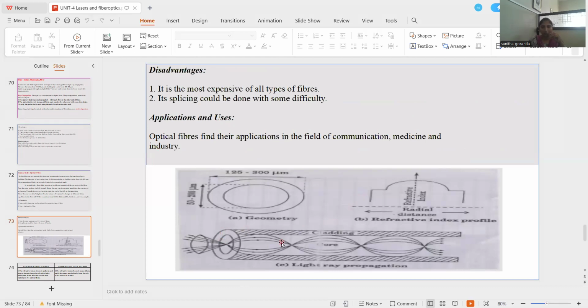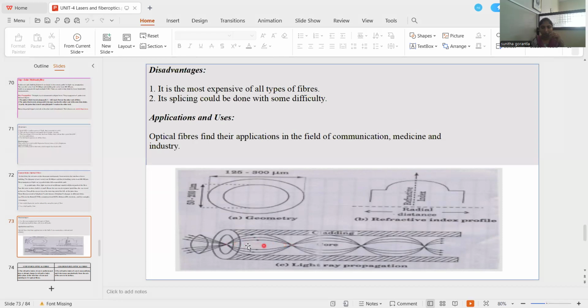See here, in graded index optical fiber, only multimode propagation is possible. When a light ray enters the core, see this ray, it travels near the fiber axis, the center of the core.